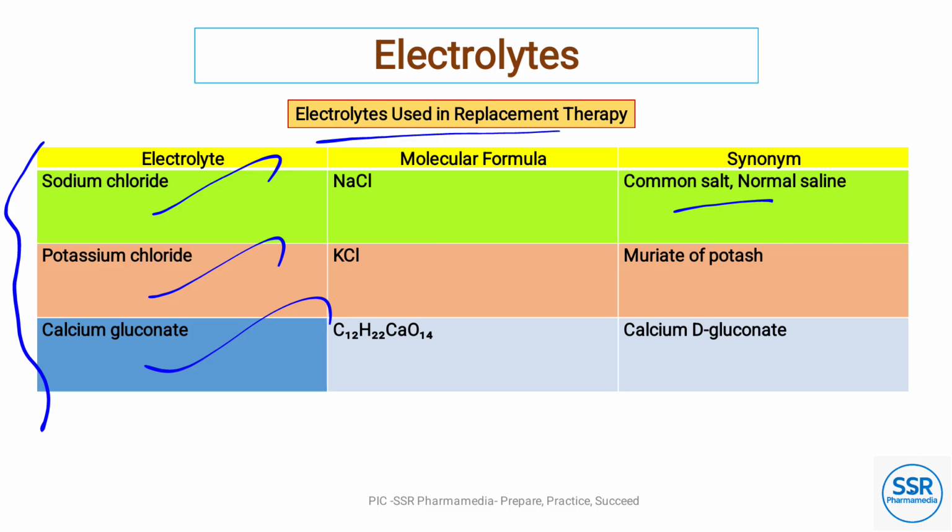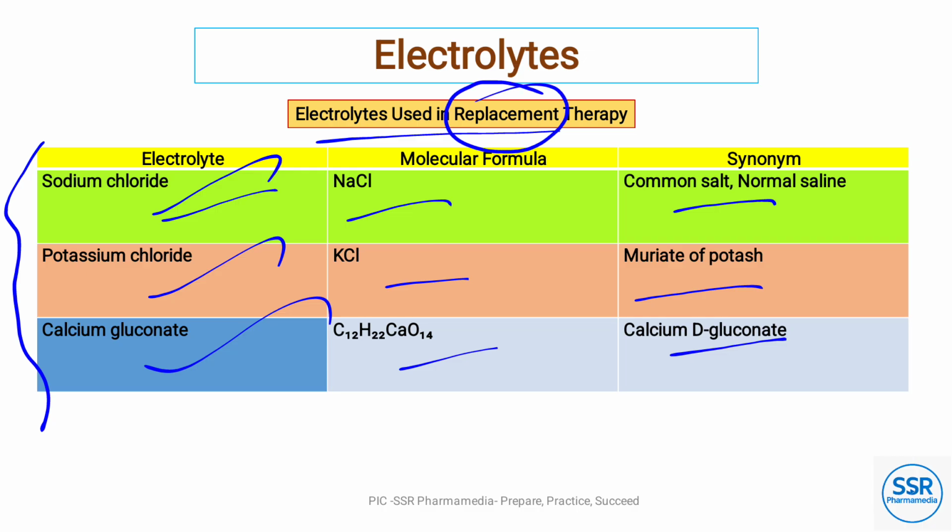These are the synonyms of each compound and molecular formula. Read it. Whenever the sodium, potassium, calcium level is decreased in body fluid, we have to replace it immediately with the help of these electrolyte compounds.